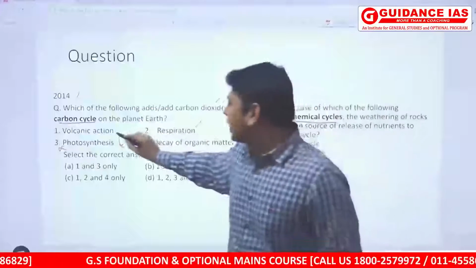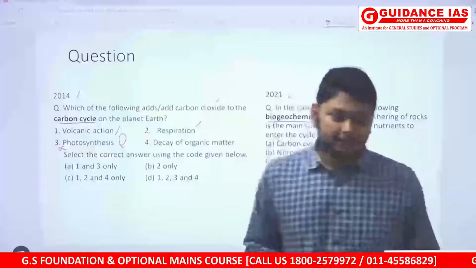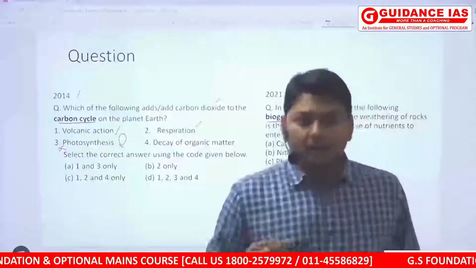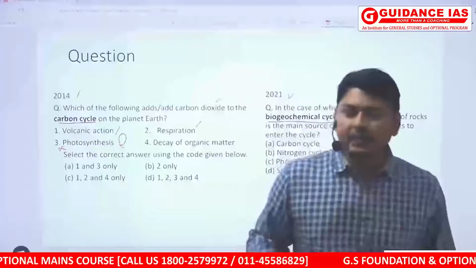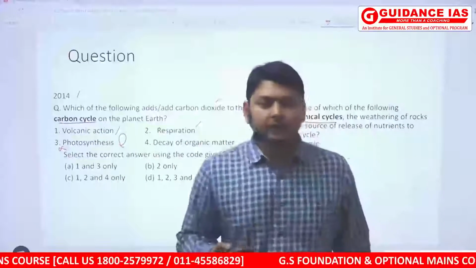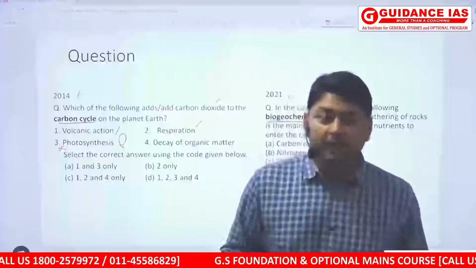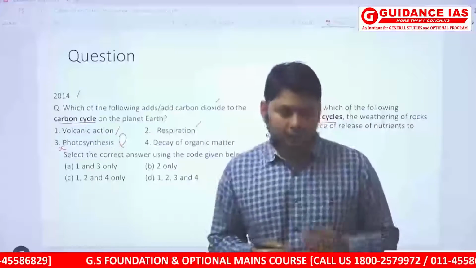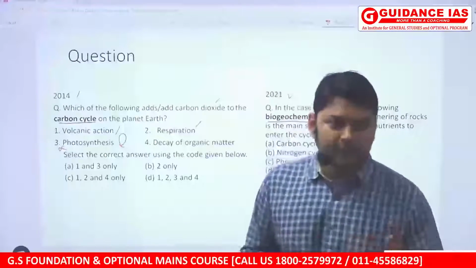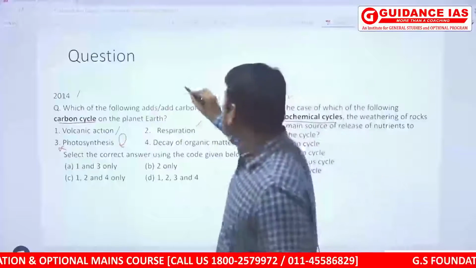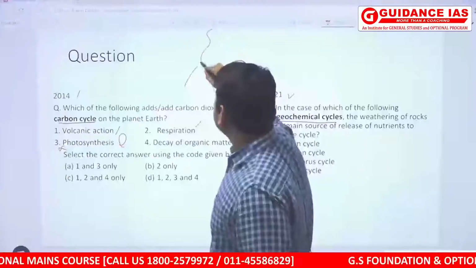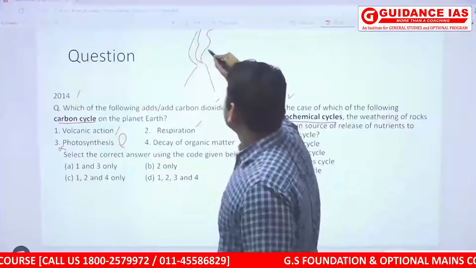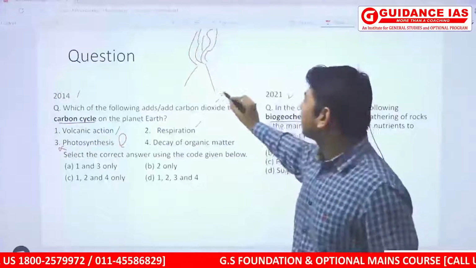Now, in volcanic action, if anyone has seen a volcanic eruption on TV or in movies, or has read about volcanic eruptions, you would have seen the picture. If you visualize it, a volcano is shown like this and there are gases and ashes coming out of it.